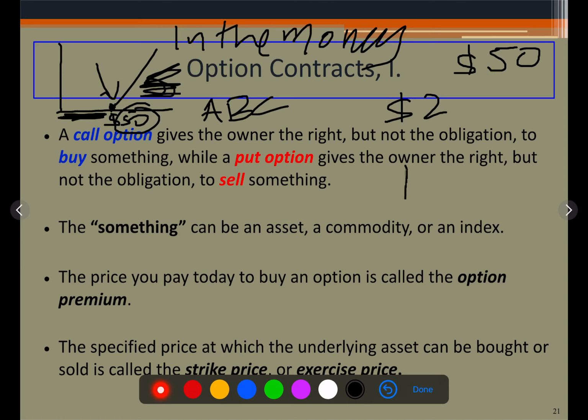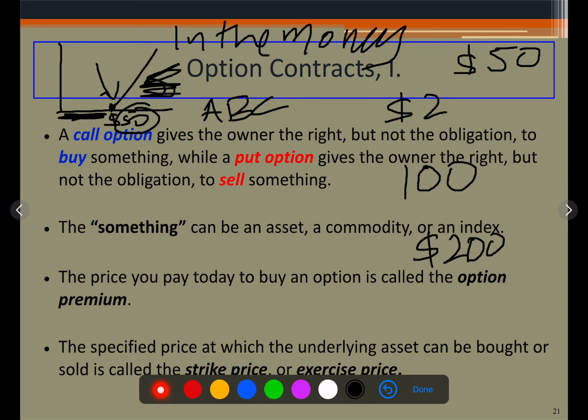sticking back to the call option contract, the buyer of the call option contract has the right to buy 100 shares. It means he needs to pay $2 multiplied by 100 shares, $200 premium, to the call option contract seller.